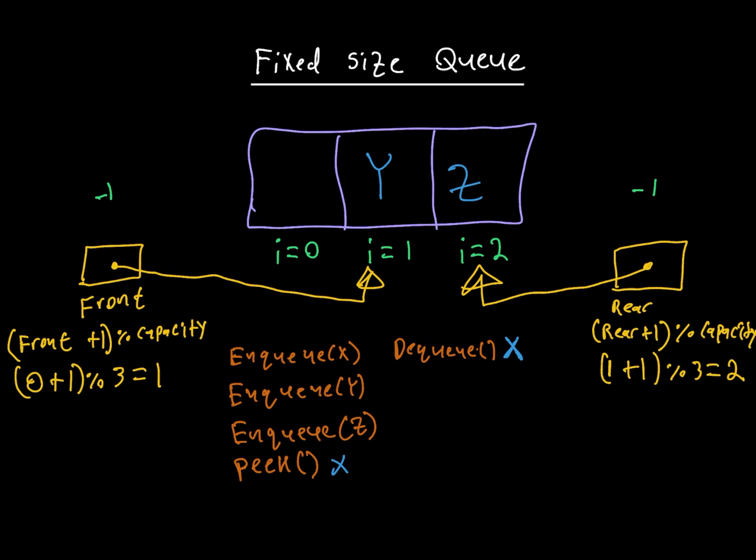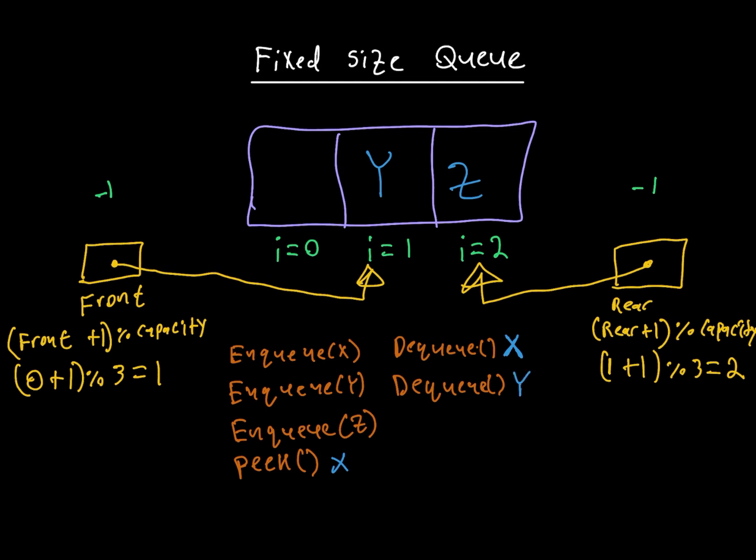What happens when we do another DQ? We see front pointing at index 1. It's pointing to y, so temporarily store y so we can return it at the very end. We're going to clear out y. We are going to update what front is pointing to.